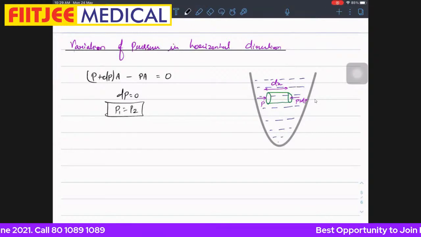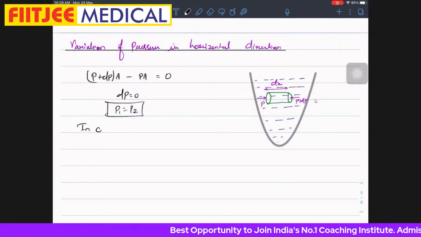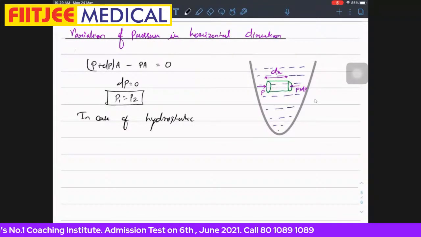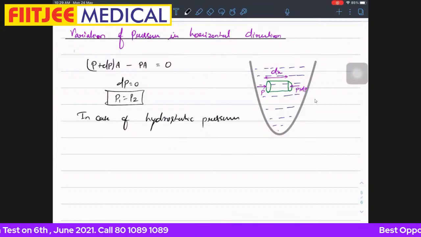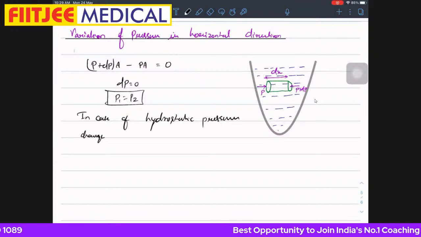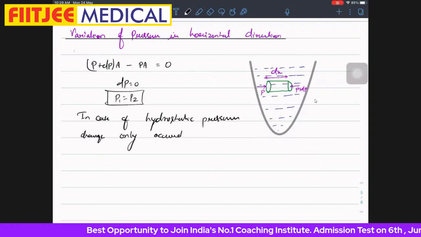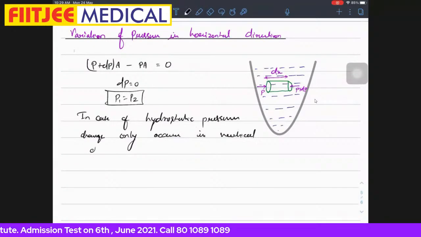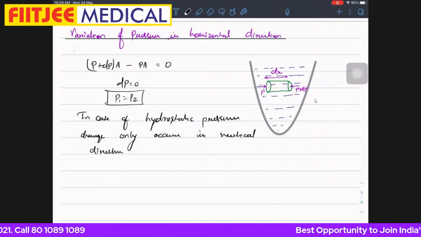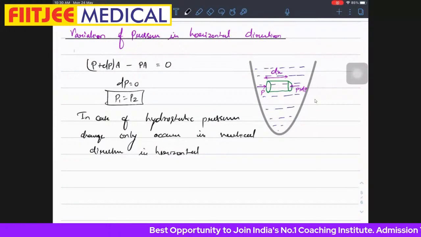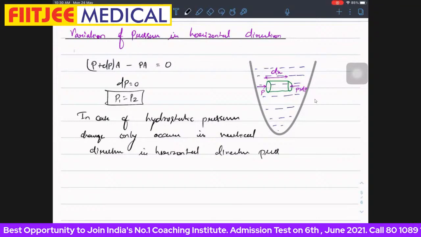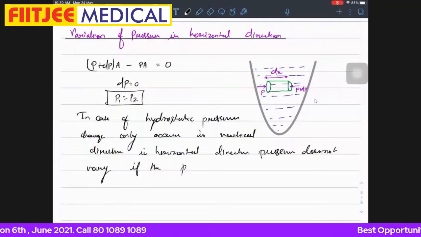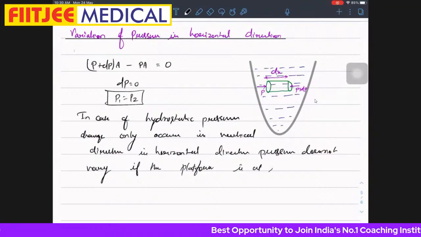So we can write in case of hydrostatic, pressure change only occurs in vertical direction, in horizontal direction pressure does not vary if the platform is at rest.